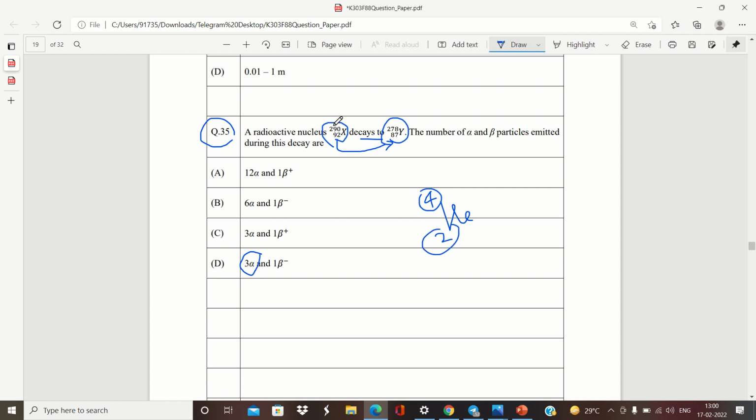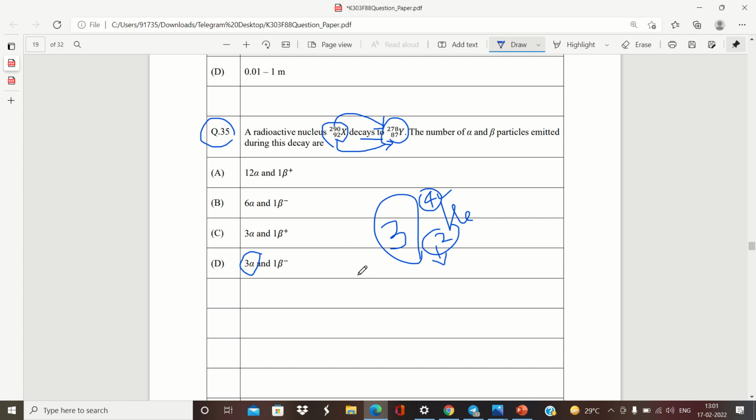So let's see the difference. 290 to 278, that means the difference of 12. For the difference of 12 we need 3 of these elements. So 3 alpha particles will be removed, and by this removal our atomic number will reduce from 92 by double 3, means 6.